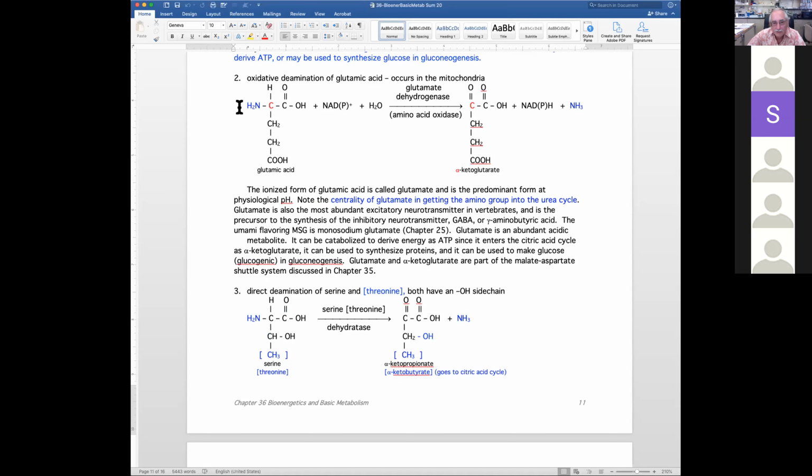So glutamic acid is used in proteins. It's used in this process over here. It's used in a lot of different processes. It's just repurposed. So okay, what metabolic pathway is going on at that particular time in that particular cell is all regulated by the different points of regulation.